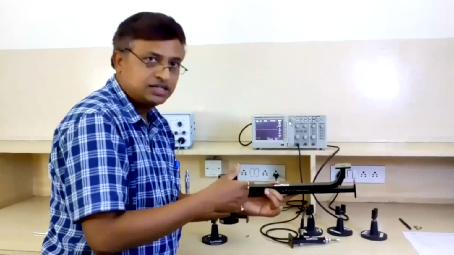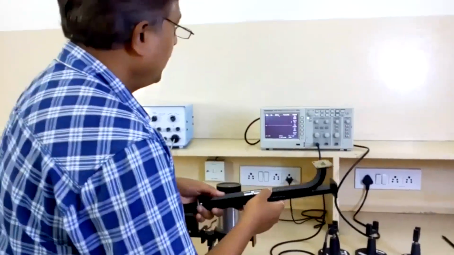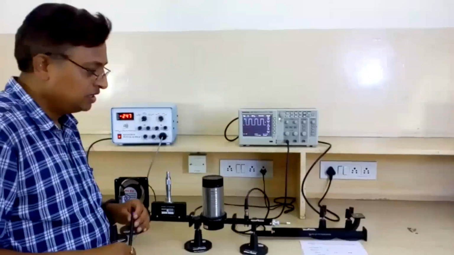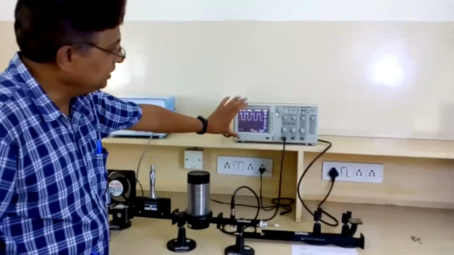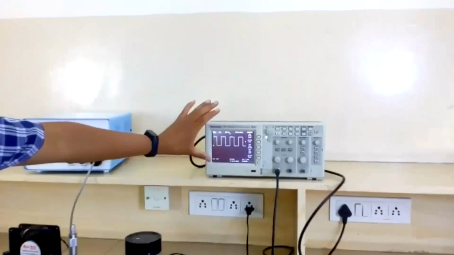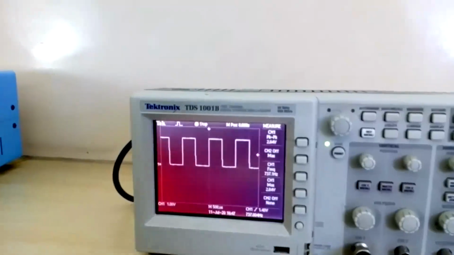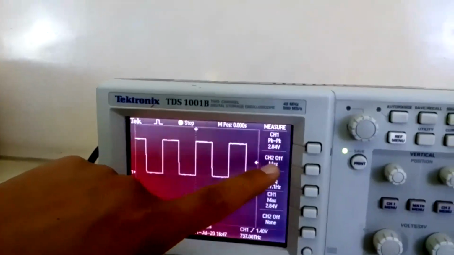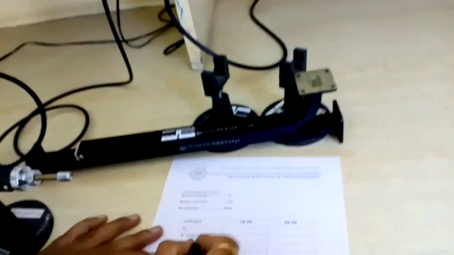So let us start with the experimental part. After connecting the diode detector, the input voltage we need to calculate different parameters is 2.84 volts. This is V in.